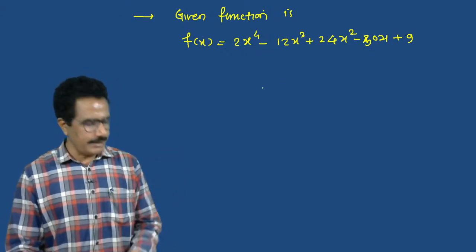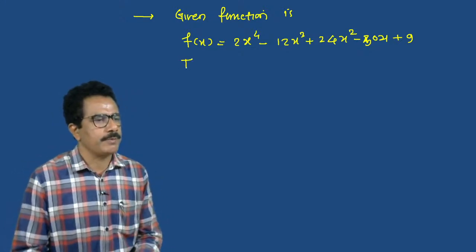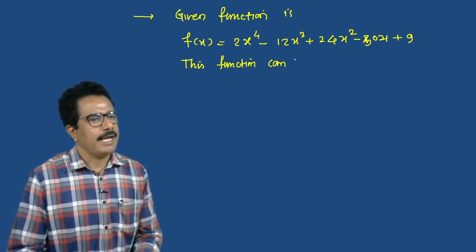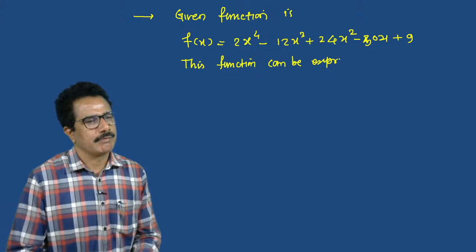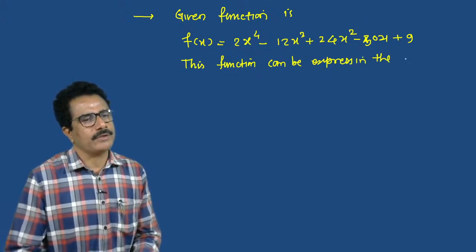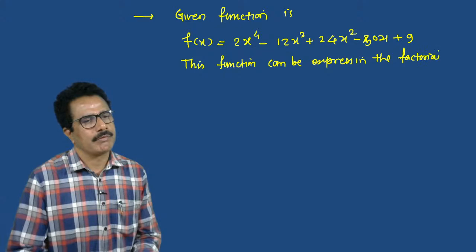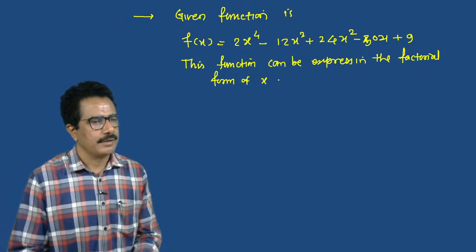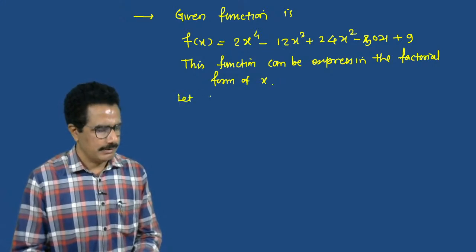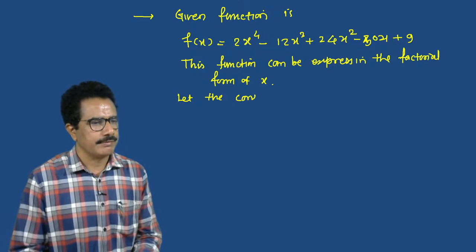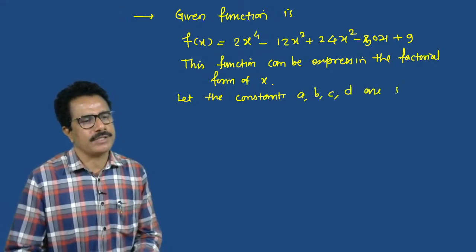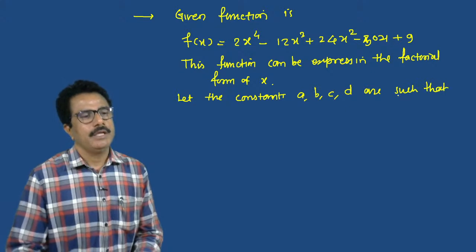So we have to write this in the factorial form. So this function can be expressed in the factorial form of x. See this, let the constants A, B, C, D be such that we can express this.